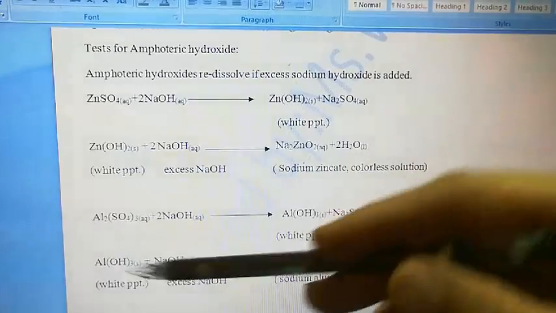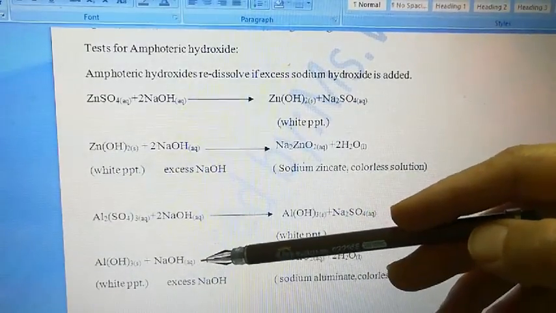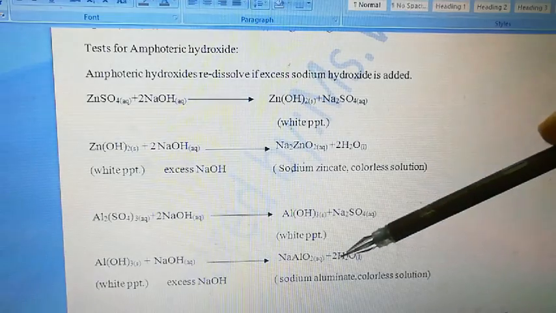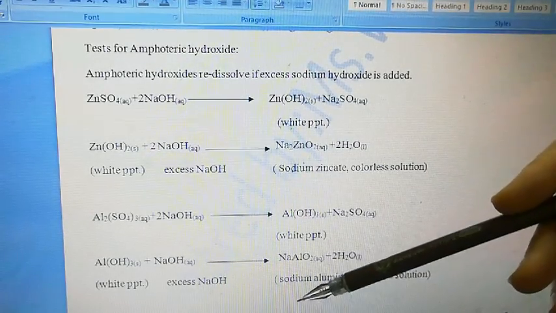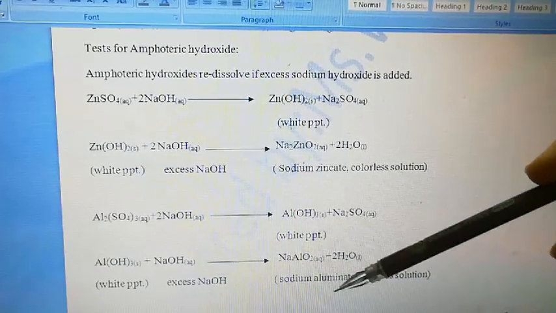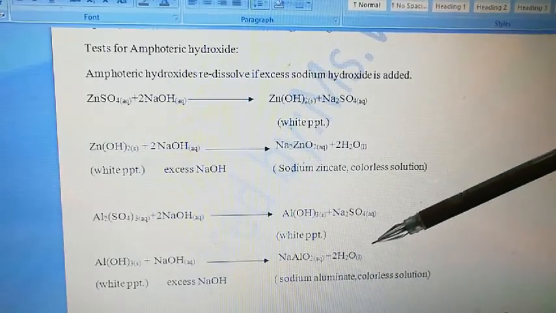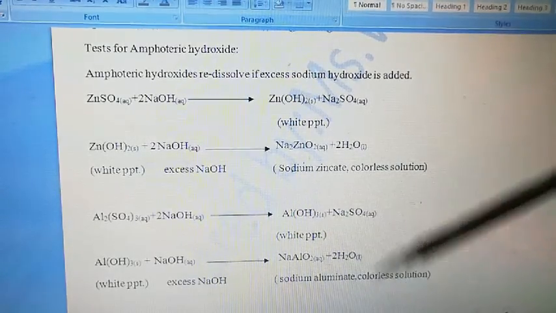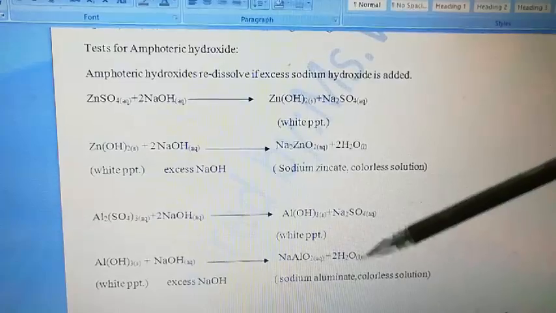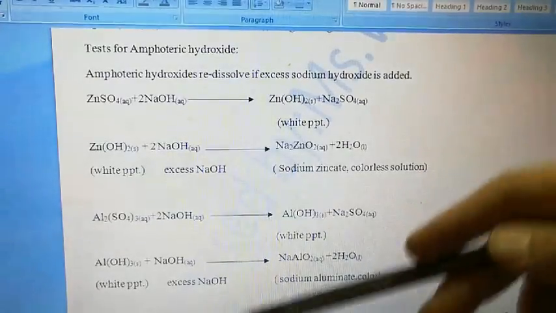The white precipitate will react with an excess sodium hydroxide to give us sodium aluminate, you must memorize the formula and the name, plus water as a side product, which is a colorless solution. Both of them are colorless solutions, forming a colorless solution if I react them with an excess base.